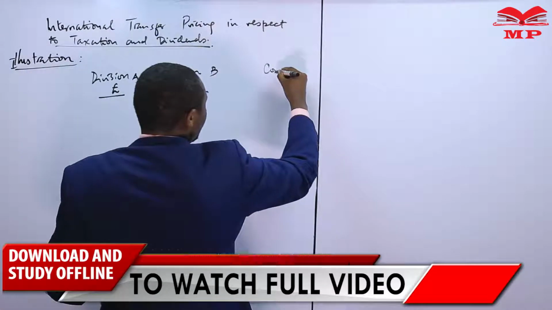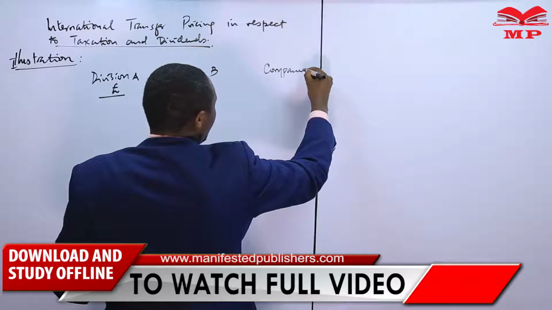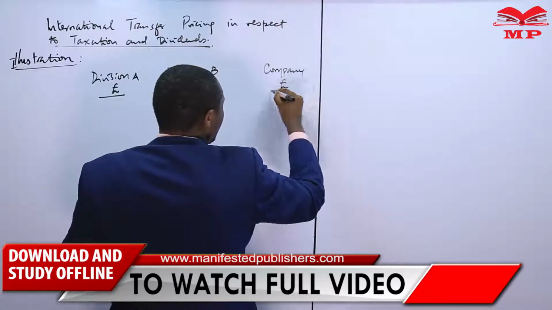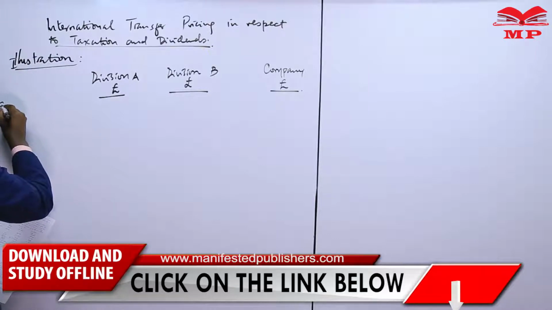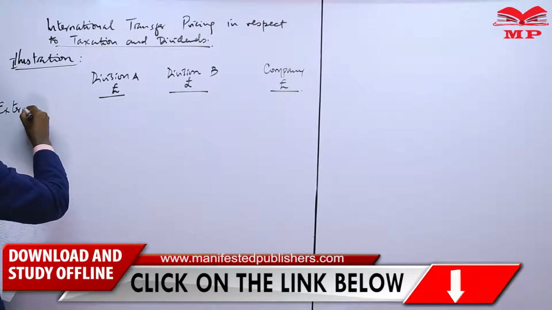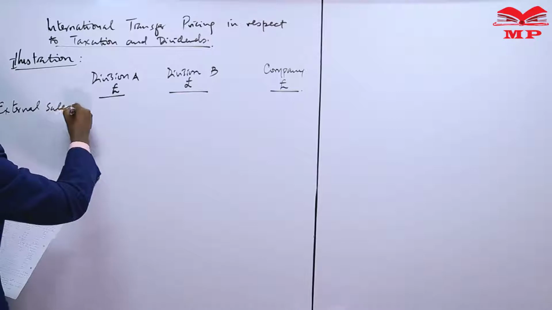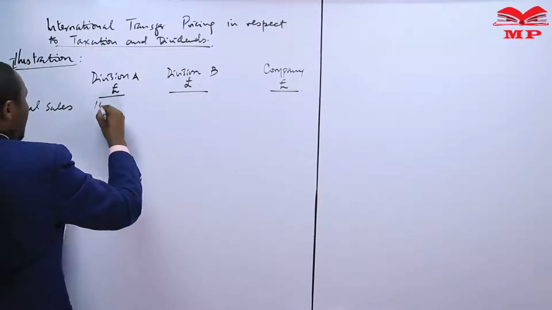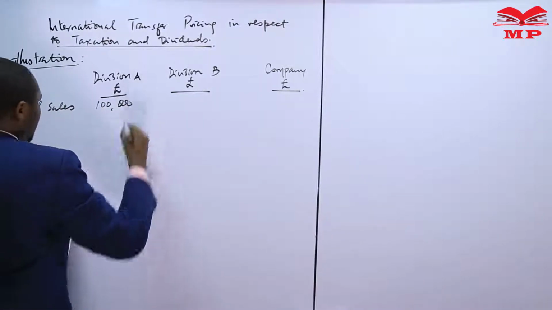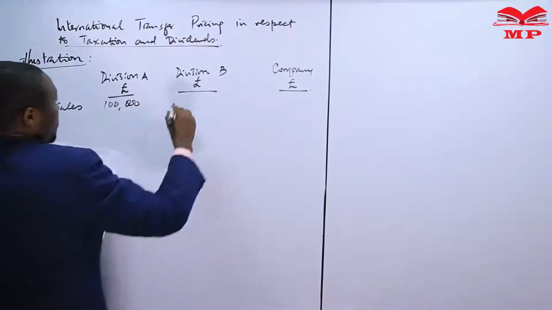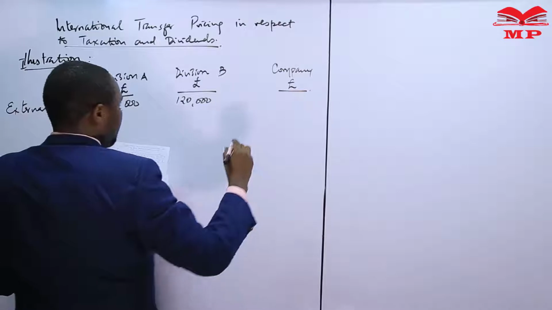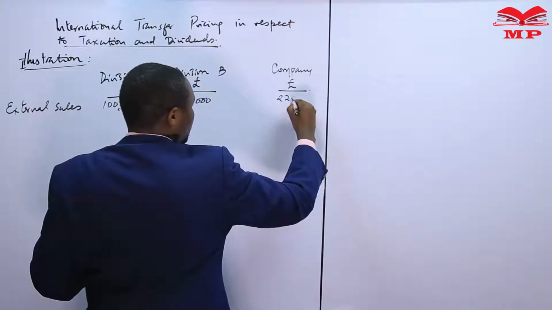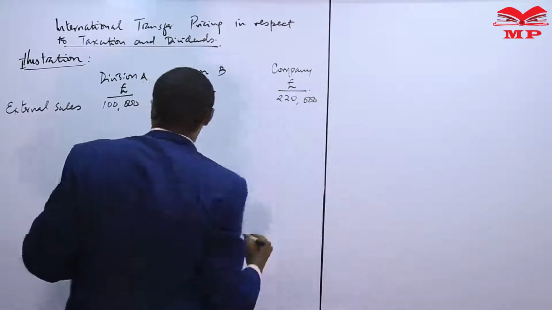Then we have the company's position, which is the total, aggregate position. So the external sales here are $100,000, 120,000, and then the total 220,000.